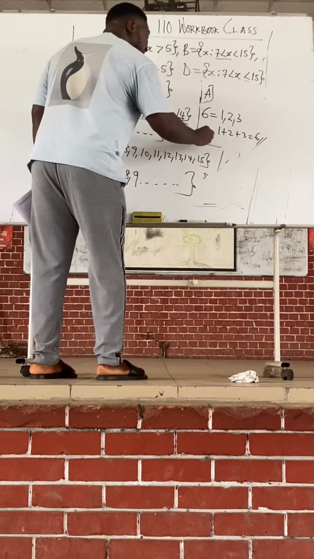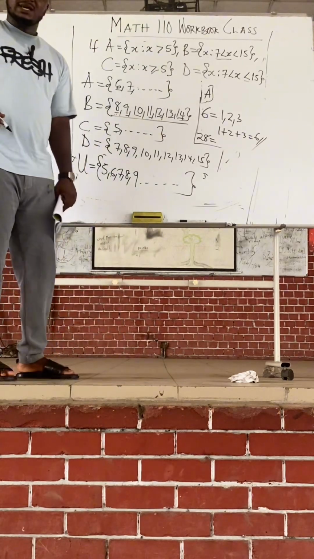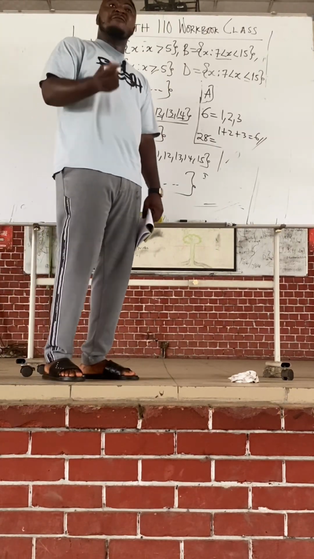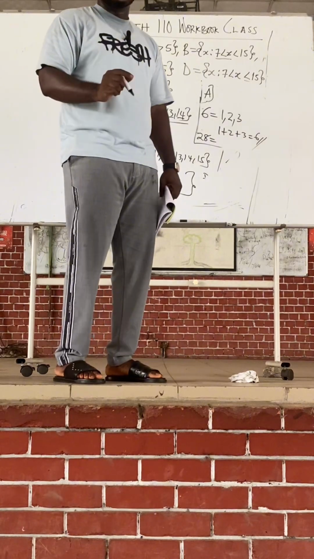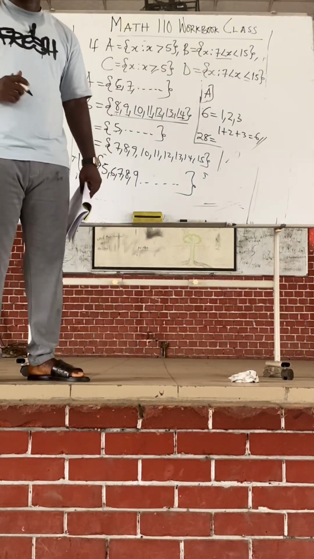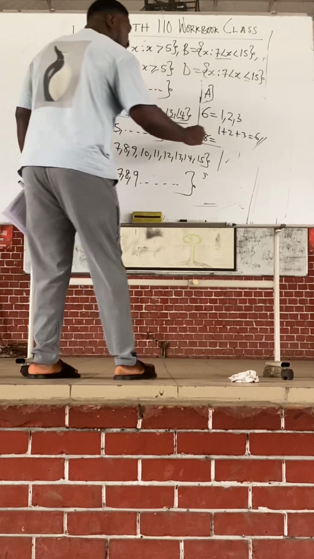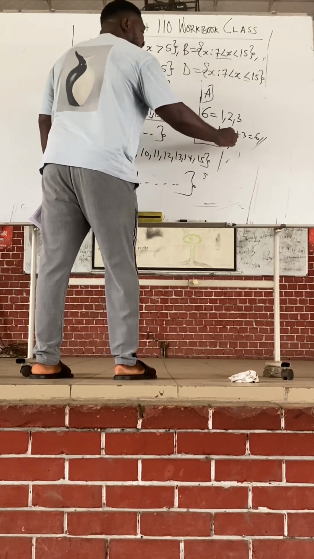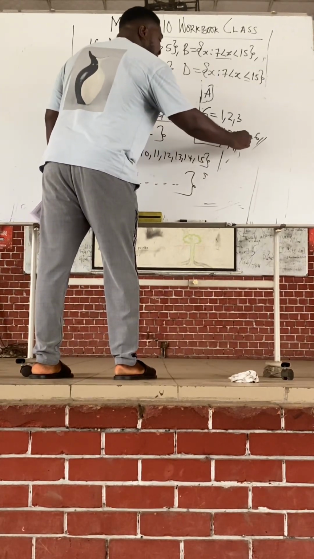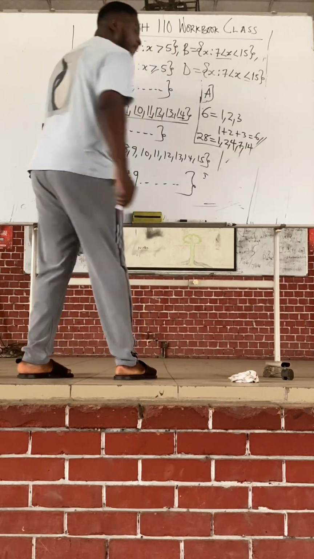Another perfect number we have is 28. 28 is a perfect number because all the factors of 28, apart from 28, when you add them together, give you 28. Should we try it? Look at it. 1 can go in 28. 2 can go in 28. 4 can go in 28. 7 can go in 28. 14 can go in.